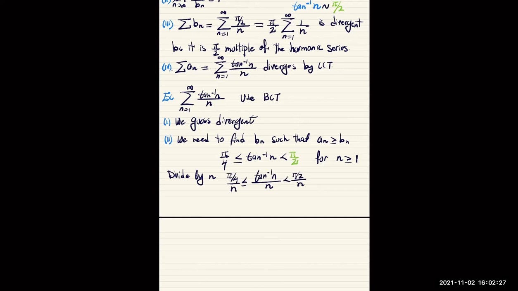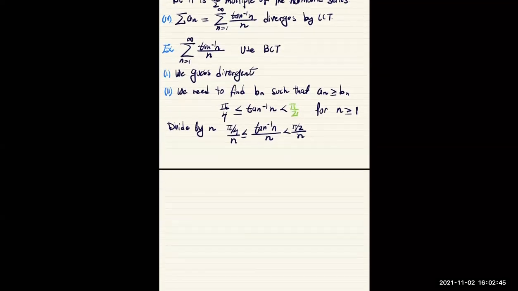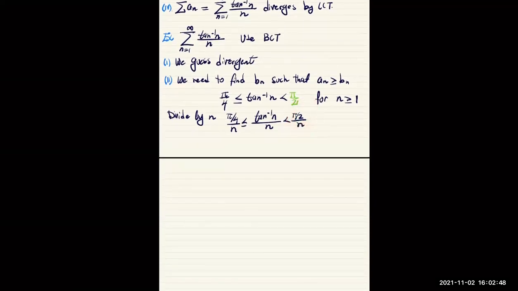This is your a sub n, and you want a sequence b sub n that is less than it.